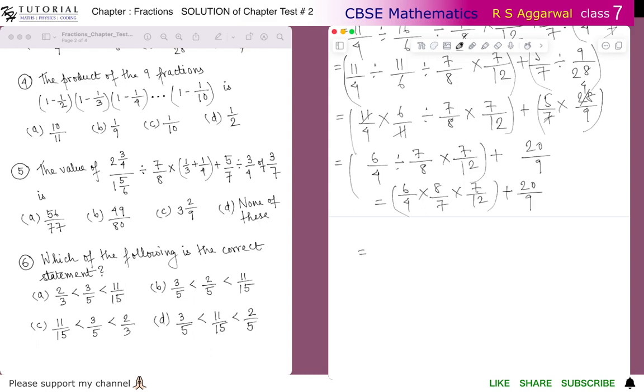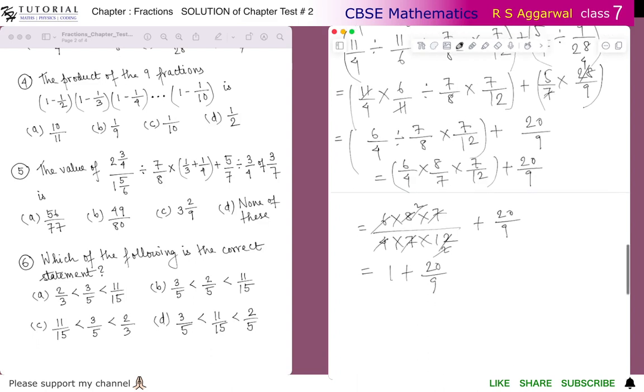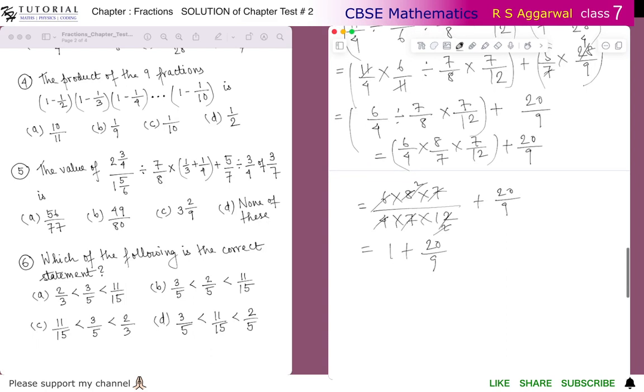So this becomes 6 into 8 into 7 divided by 4 into 7 into 12 plus 20 by 9. From here 7 gets cancelled out, and 4 2s are 6, 2 2s, everything gets cancelled out. This becomes 1 plus 20 by 9.